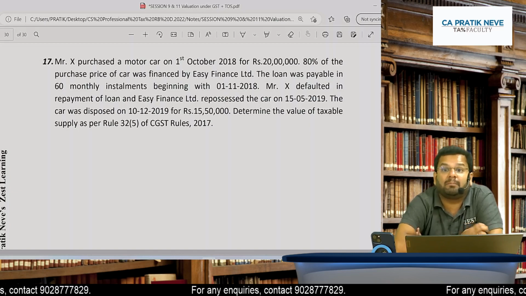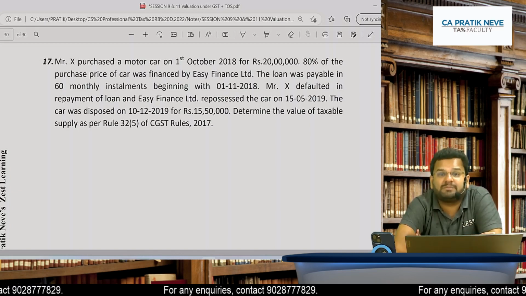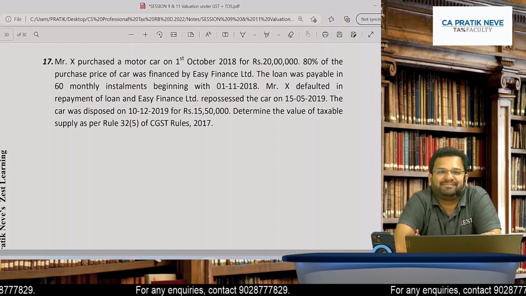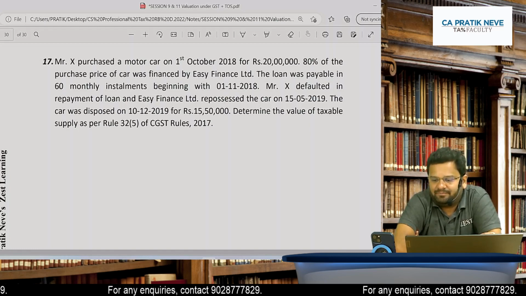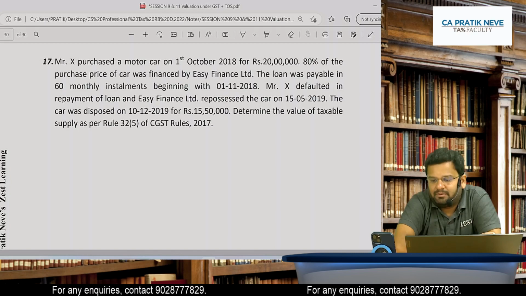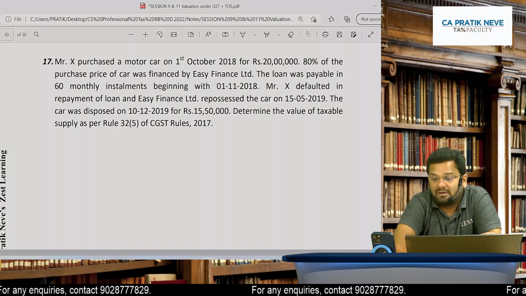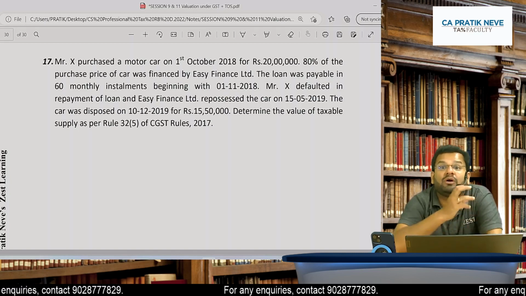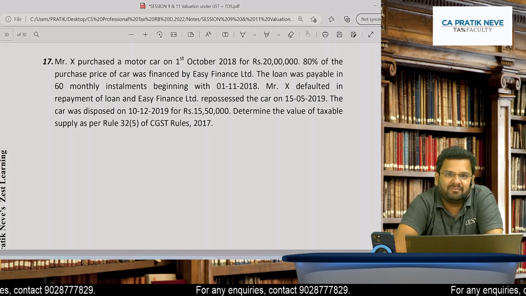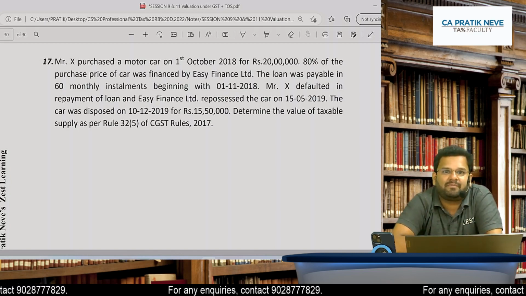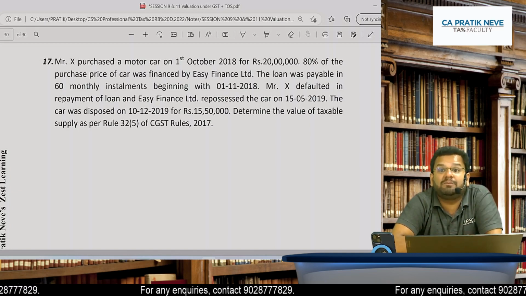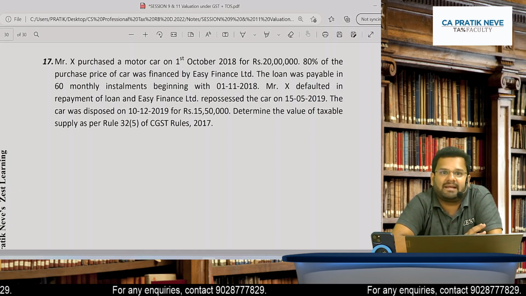But what is the purchase price? For Easy Finance Limited, purchase price cannot be 20 lakhs. Purchase price cannot be nil. Point is, we will have to compute purchase price, deemed purchase price. What is the original purchase price? 20 lakhs. Isn't it?